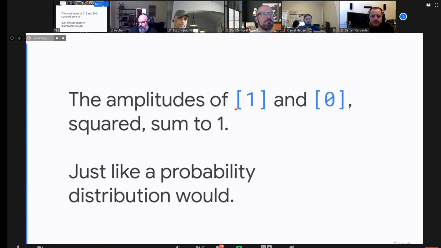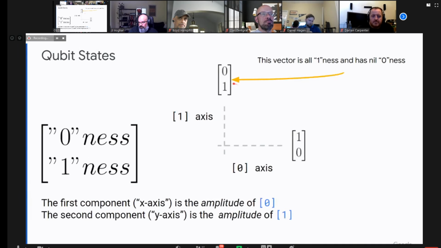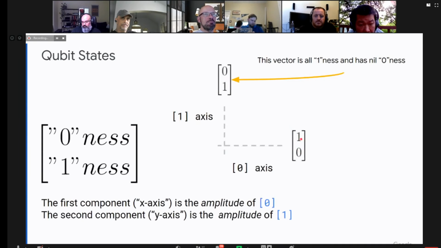So what I mean is that when you look at the 0-ness and the 1-ness of these bits, you can square the separate components, and that'll be the probability of seeing a qubit in one of these two states. 1 squared is 1, 0 squared is 0. There's a 100% chance of seeing this qubit as a 0. 0 squared is 0, 1 squared is 1. There's a 100% chance of seeing this qubit as a 1.